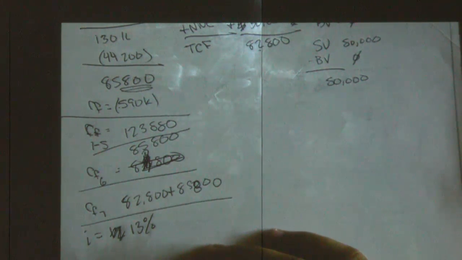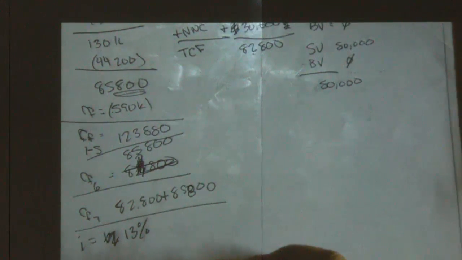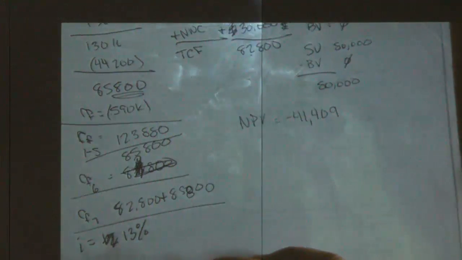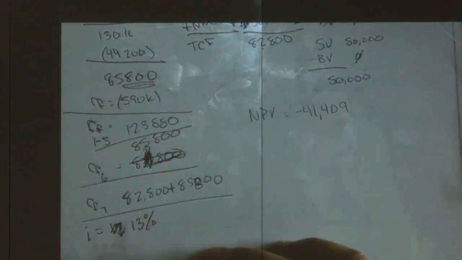You shift NPV it, and you should get negative 41,409. So in this case, it would actually be a bad idea to do this.